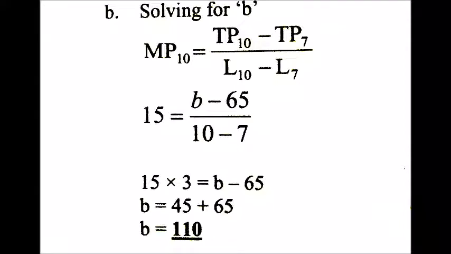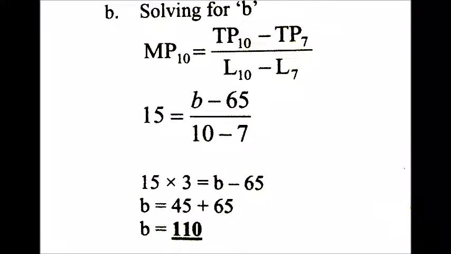Then TP10 is represented with what? B minus TP7, 65, divided by 10 minus 7. So from here, you write 15 is equal to B minus 65 divided by 10 minus 7, which is 3.